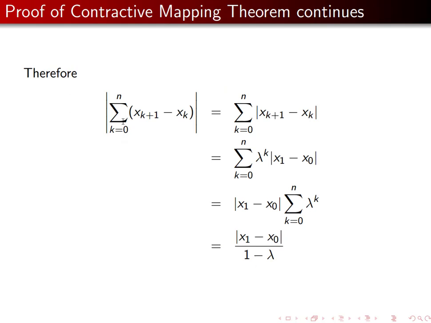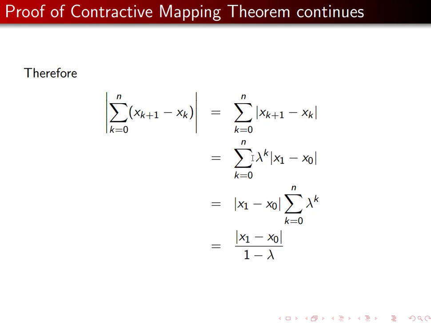So in this way, we can write this telescoping sum. And let's see, this should be a less than or equal to here, guys. Anyway, we can write this first step by the triangle inequality.